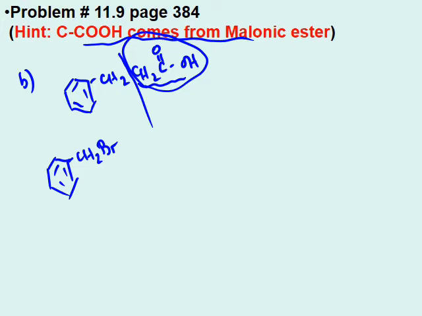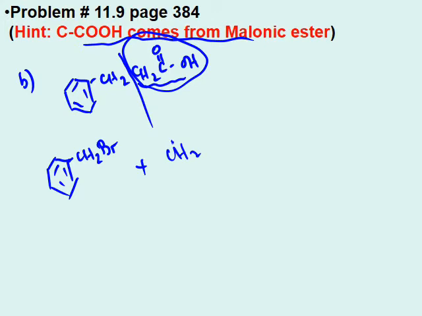So obviously I can now write down malonic ester in the presence of a strong base. A strong base could be sodium ethoxide. In the book they probably wrote it like this: CH2, and I'm going to write down the malonic ester now.